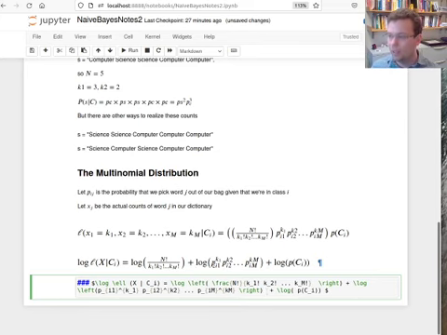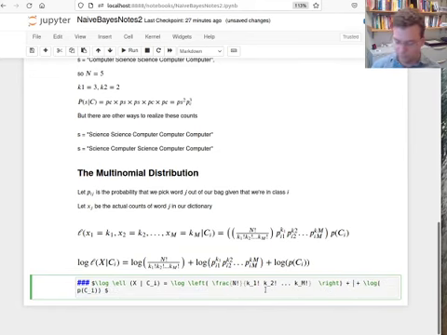But plus k1 times the log of pi1, plus k2 times the log of pi2, all the way up to the log of pin times kn.